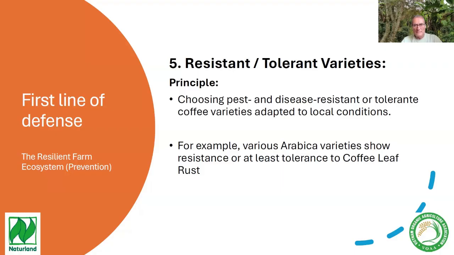That is mainly happening in Latin America. So it's good to have tolerant varieties, but then we may also have a lower quality of coffee. But that is already a bit specific. Yes, but it's a very good method, especially when you have Arabica coffee with a lot of problems with coffee leaf rust.